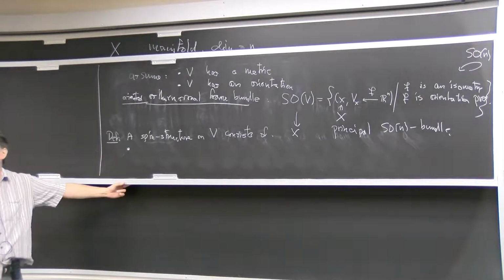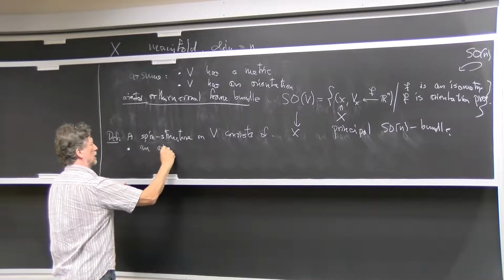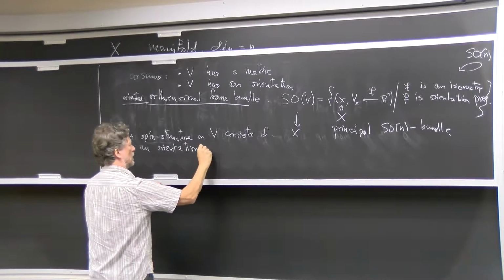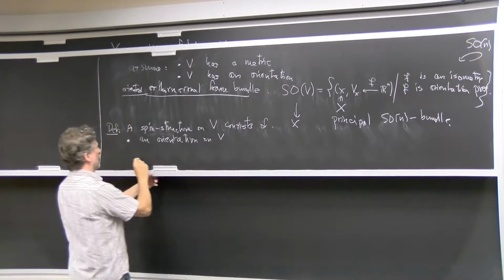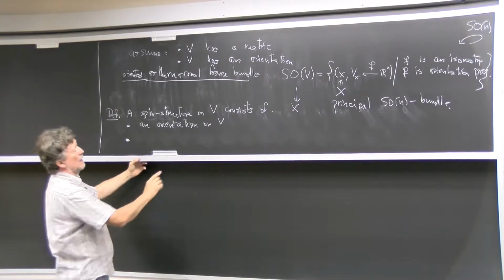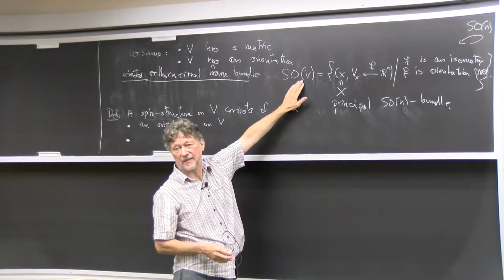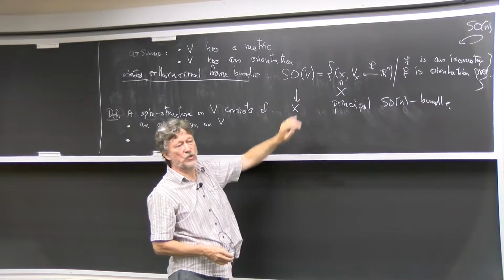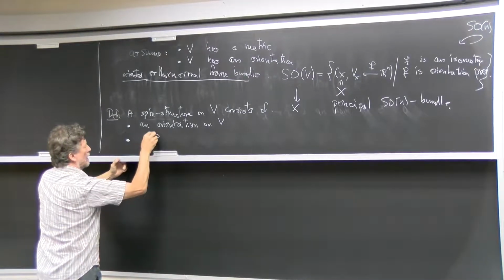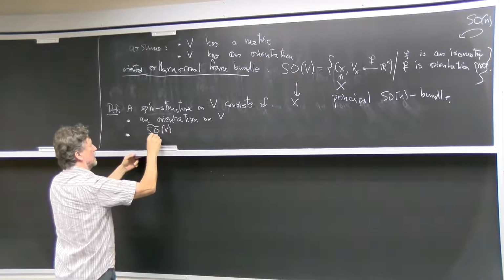The first one is an orientation on V. The second data is more interesting, namely, now if I have an orientation and I pick any old metric, it doesn't matter which one, then it makes sense to talk about this oriented orthonormal frame bundle, and I require that I have a covering of this.